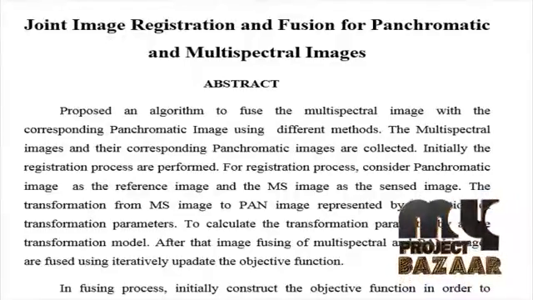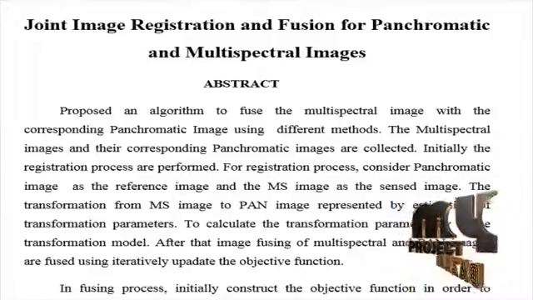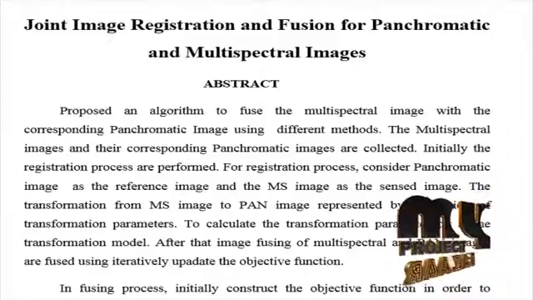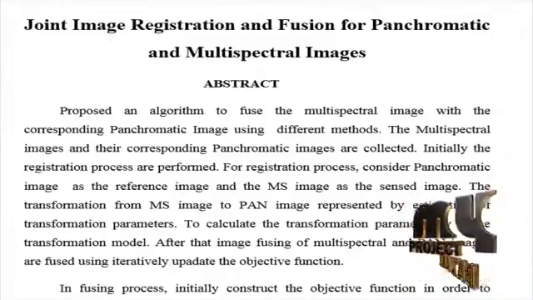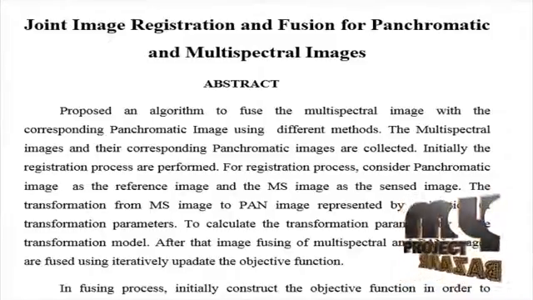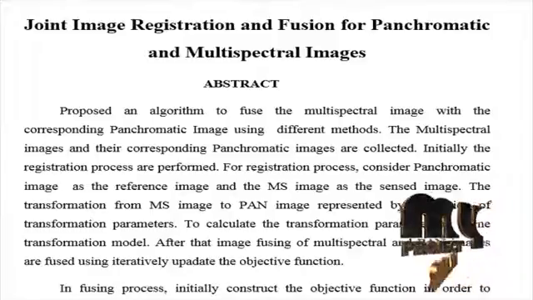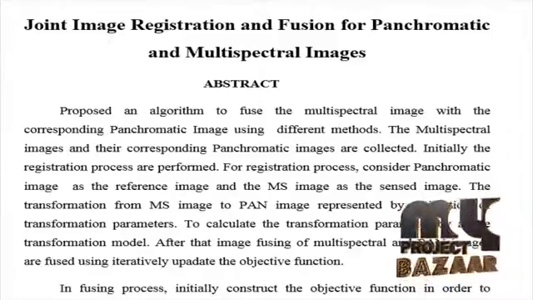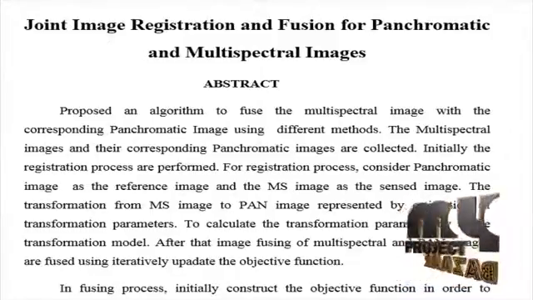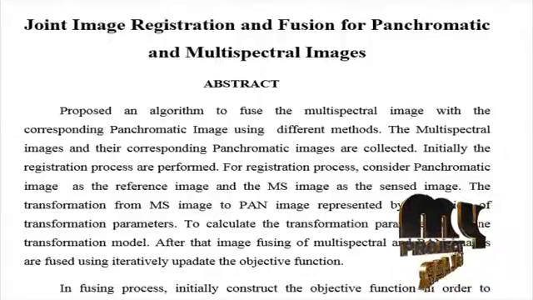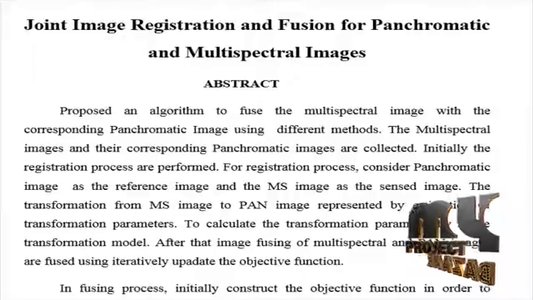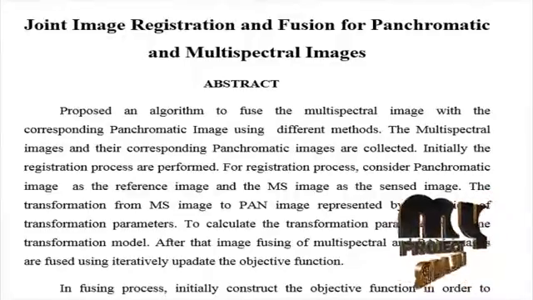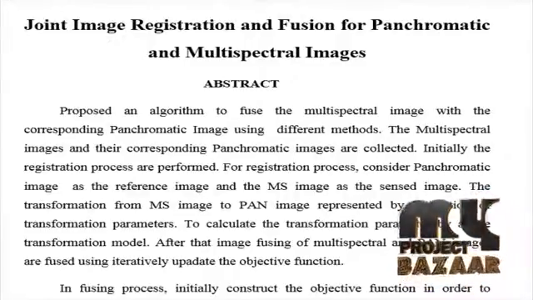To improve the fusion quality, analyze it by estimating the Ergas index with the help of the high resolution of the pan image and the low resolution of the MS image. When the Ergas index obtains the minimum value, the corresponding transformation parameters are the solution of the joint optimization process. This estimation of the objective function is performed by an iterative optimization algorithm.